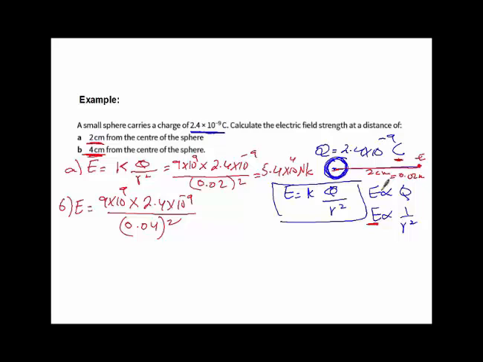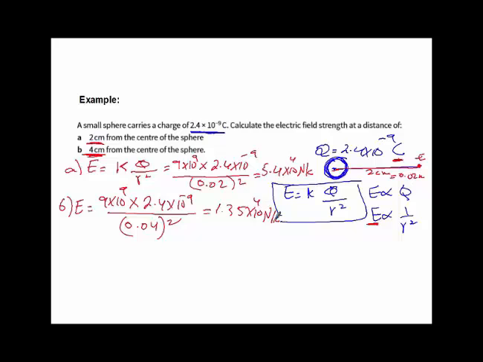It will give you a whole picture about whatever you have to do. After drawing the figure, you see what is given and what is needed to be calculated. Then make sure about the units. Here we need SI units, and this was in centimeter, so we converted to meter. Then you substitute, and it will give us 1.35 times 10 to the 4 Newton per coulomb.